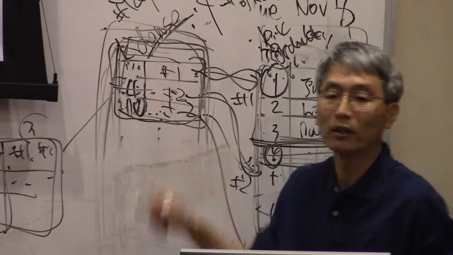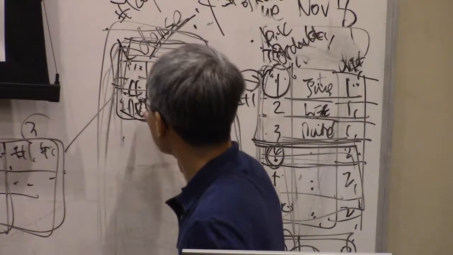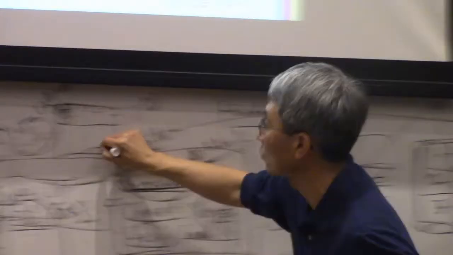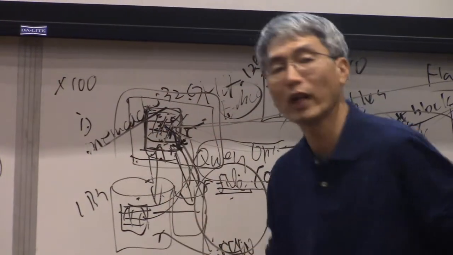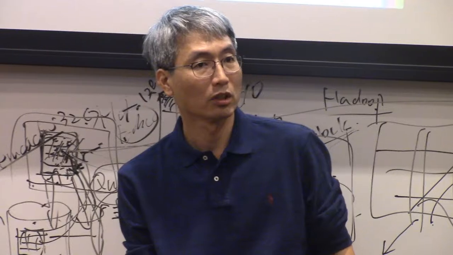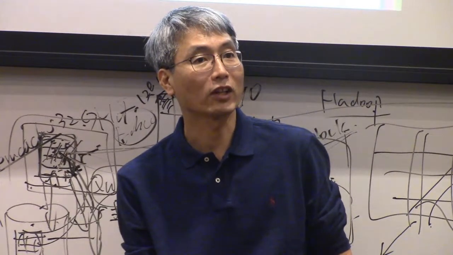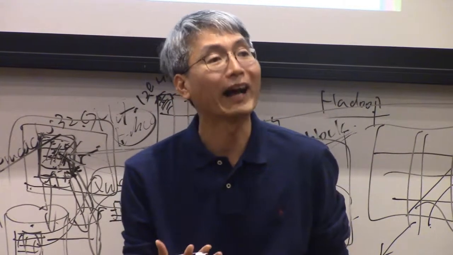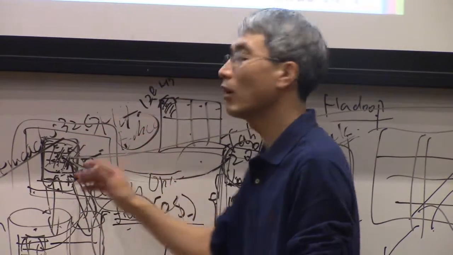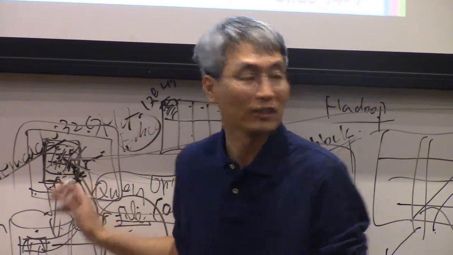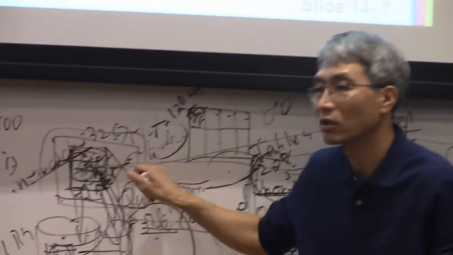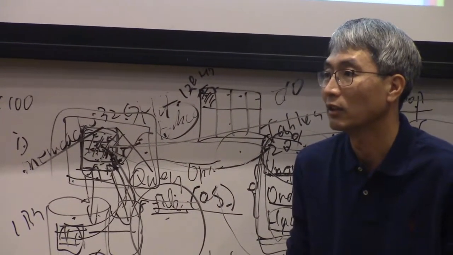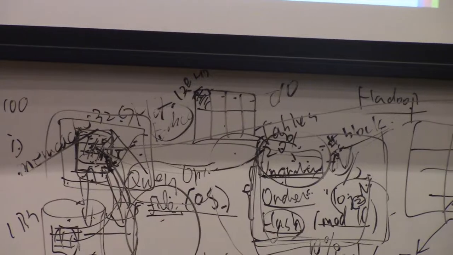But within a block, you copy it to memory, and in memory you calculate the binary search. How long does it take? Log n. However, that log n is on the memory I/O, not the disk I/O. So we can ignore such an overhead. Then we can find the location of each one.